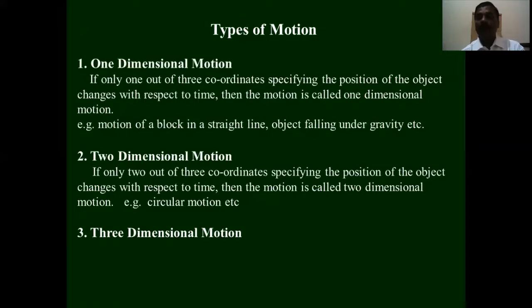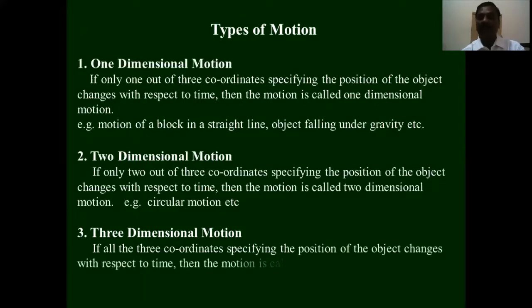This is also called 3D motion. 3D motion means all three coordinate axes are required to specify the position of the object, and so the motion is called three-dimensional motion.